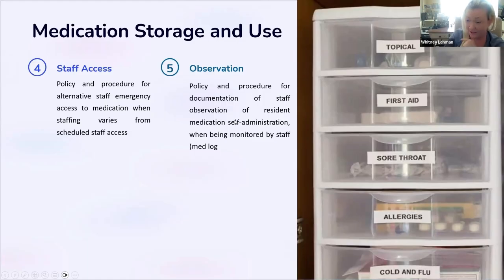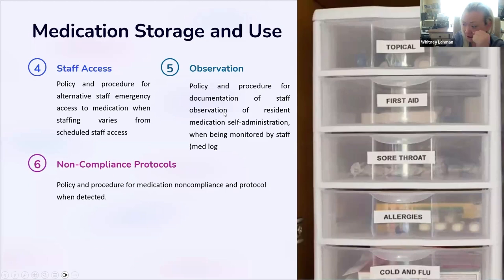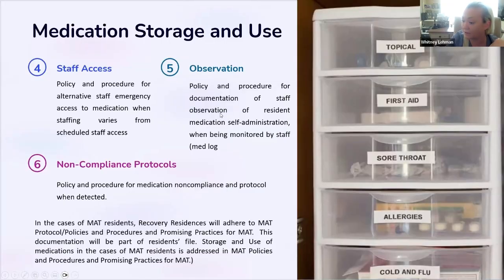And if you are a program that is holding on to resident medications and doing an observation protocol, you want to make sure you have documentation on both med logs, inventory logs, etc. What is your policy and procedure regarding noncompliance with medications? That's both abuse of medications as well as not taking prescribed medications, such as psych meds.